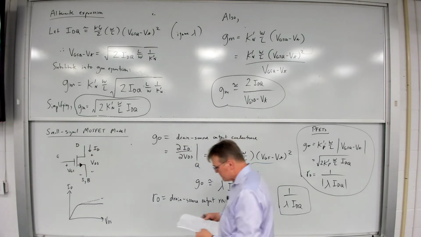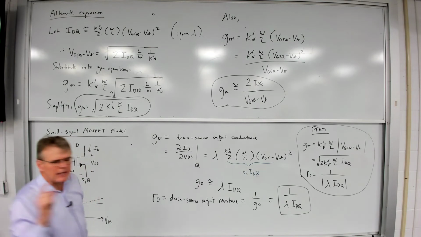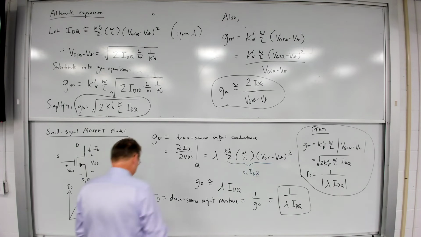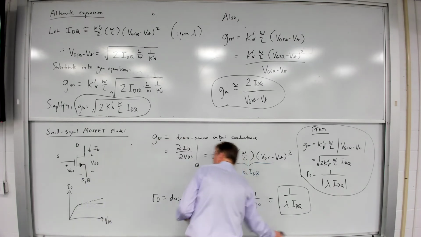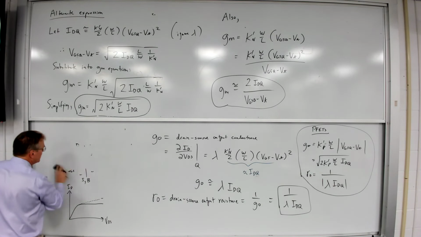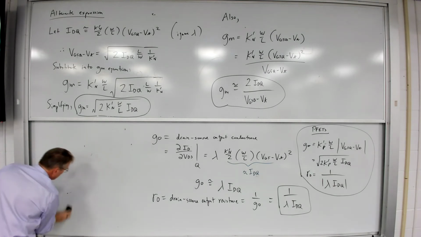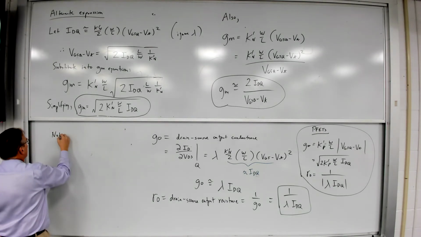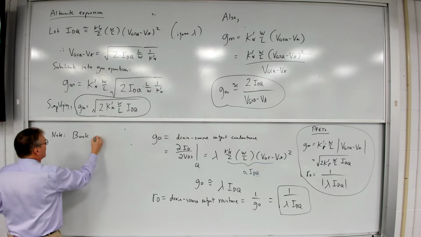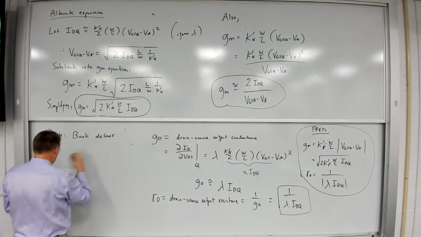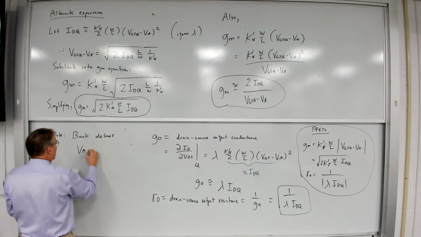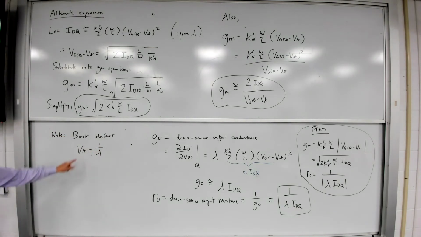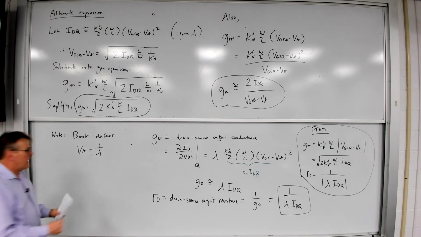All right. Now, I also want to point out something else the book does, which other textbooks don't, but our book does. Our book defines VA equal to 1 over lambda for a MOSFET.